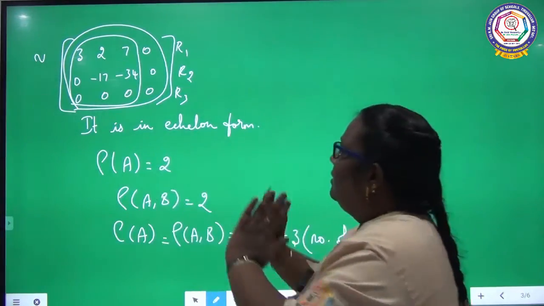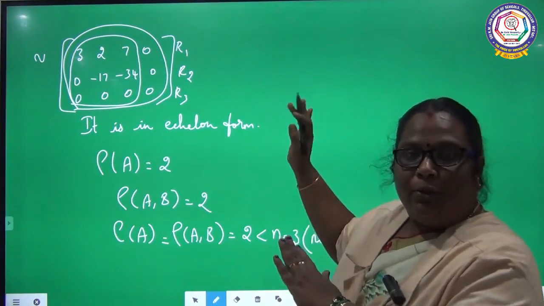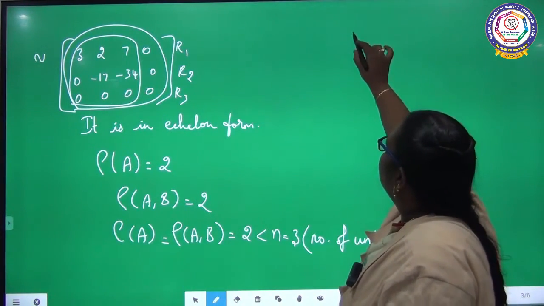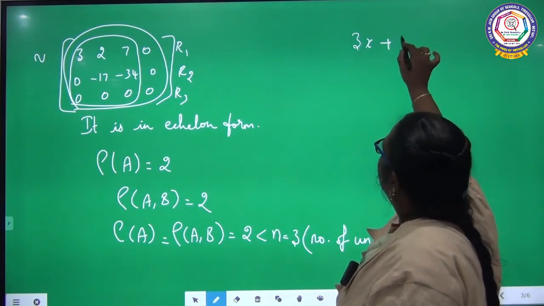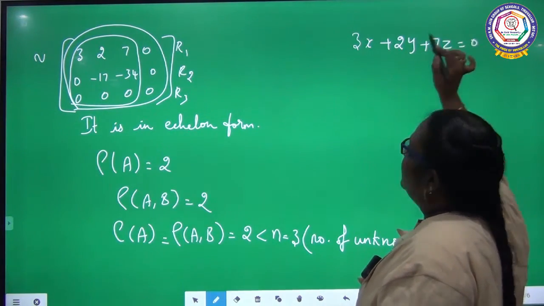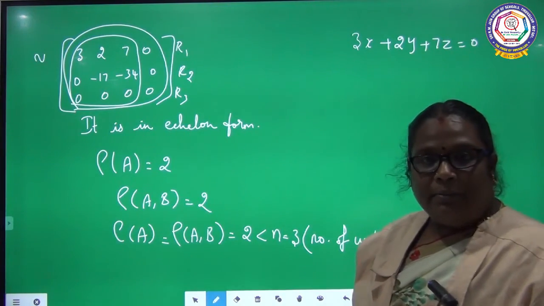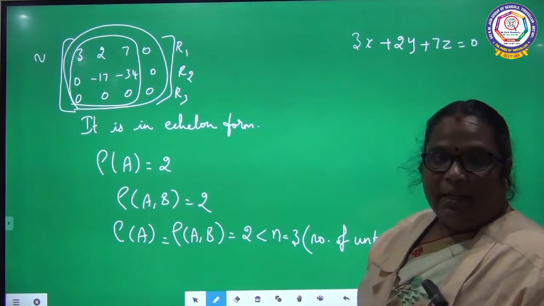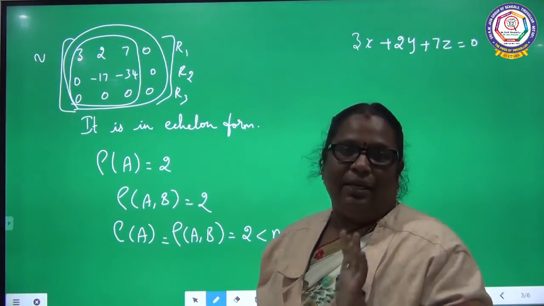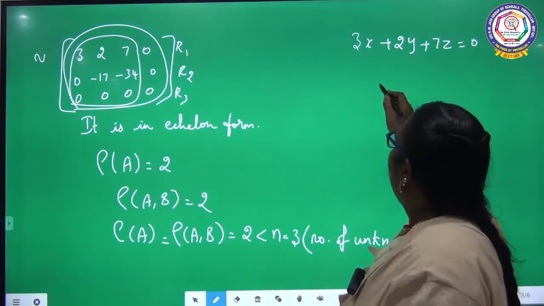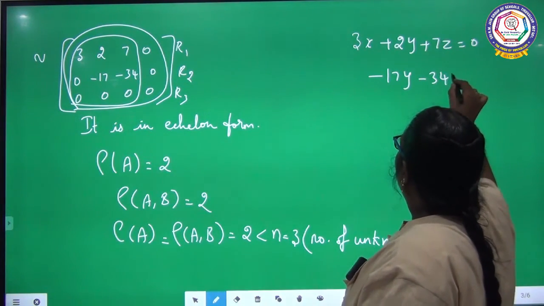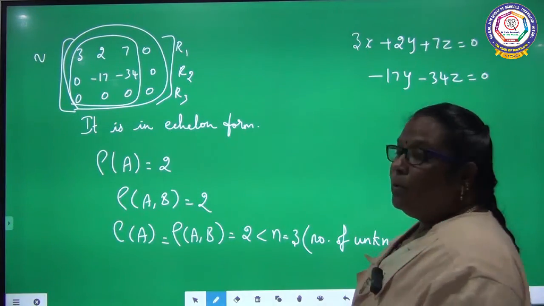So the given matrix, bring it into equations again. 3x plus 2y plus 7z equal to 0. See the second row, the x term is 0. So we have minus 17y minus 34z equal to 0.